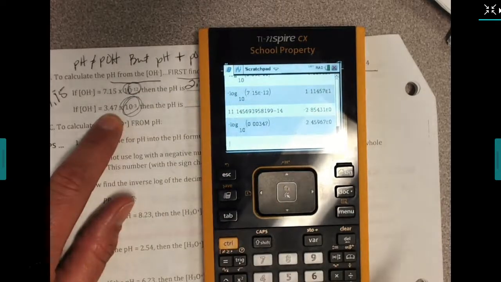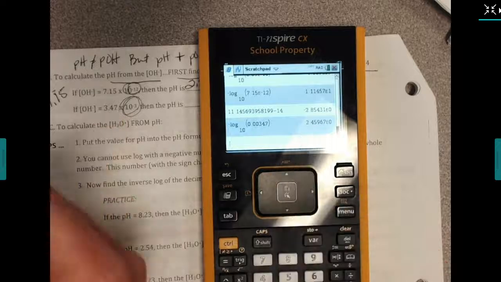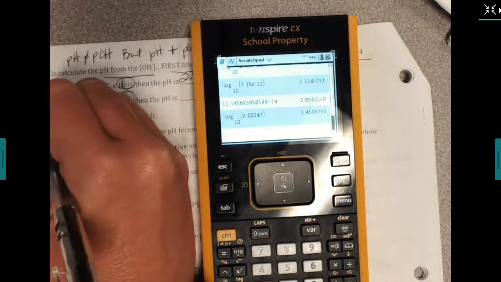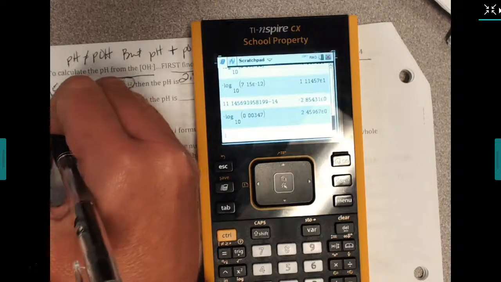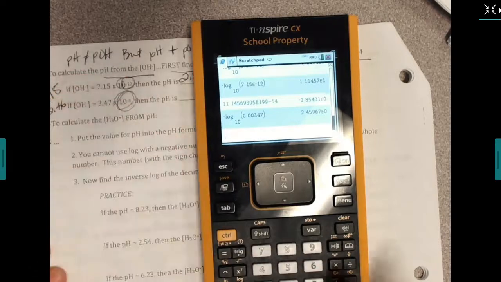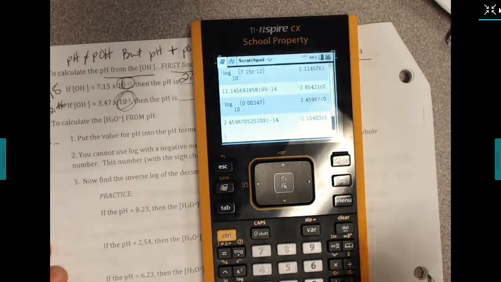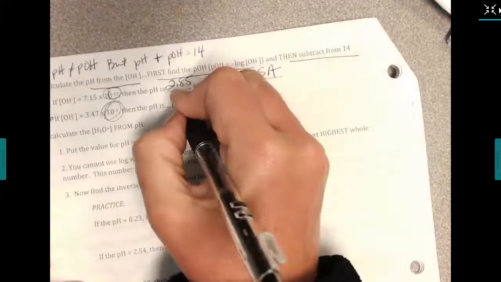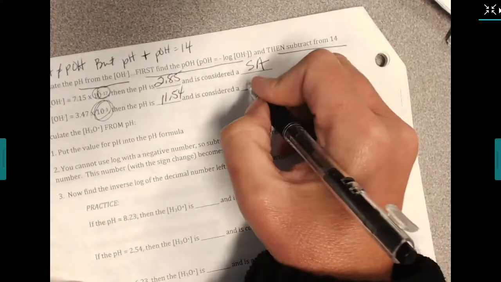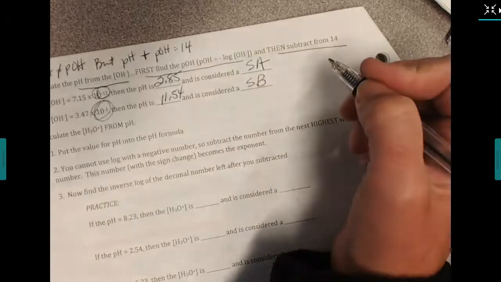And we're going to hit enter. So my pOH equals 2.46. And we're going to subtract 14, take the absolute value, and we get 11.54. So my pH is 11.54, which is a strong base.